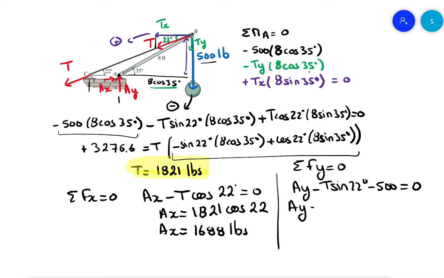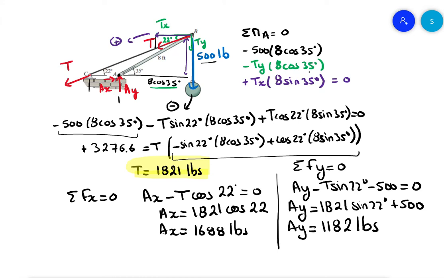So we have AY equal to T sine 22 plus 500, that is 1821 sine 22 plus 500. That's 1182 pounds.